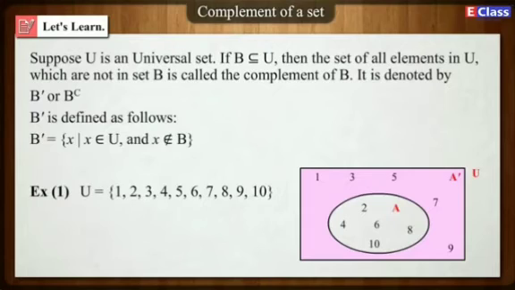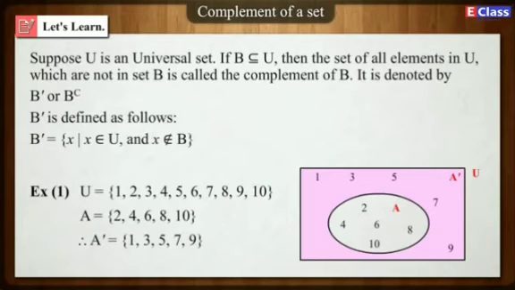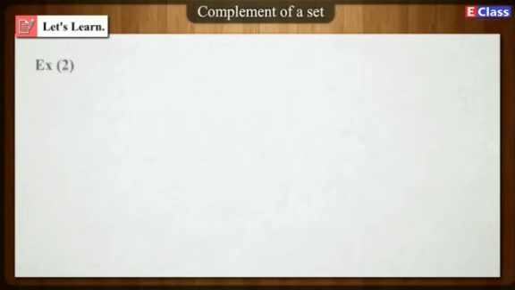A is equal to {2, 4, 6, 8, 10}. Therefore, A complement is equal to {1, 3, 5, 7, 9}.